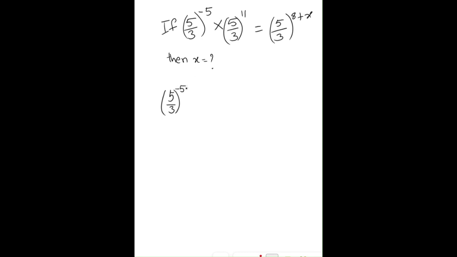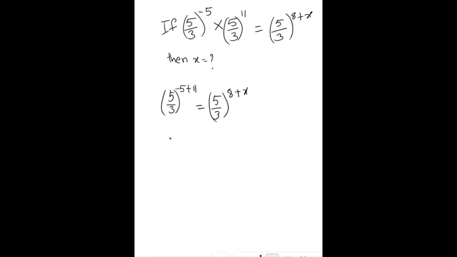So minus 5 plus 11 we will write is equal to 5 by 3 to the power 8 plus x. Now it is comparable, the base is common and the exponents are similar. Now we can keep them as equal entities.